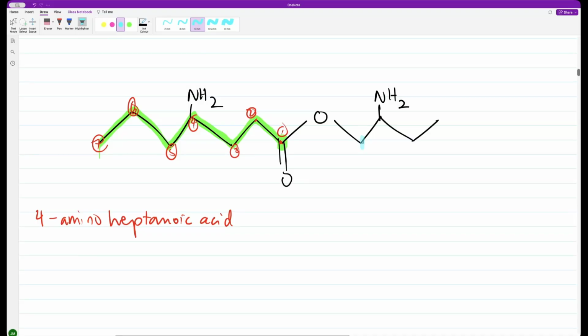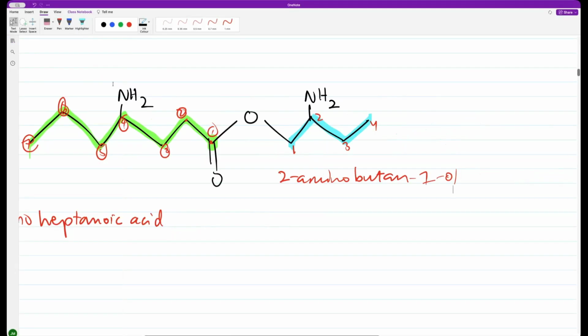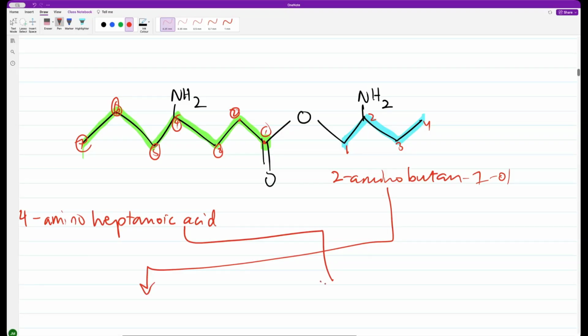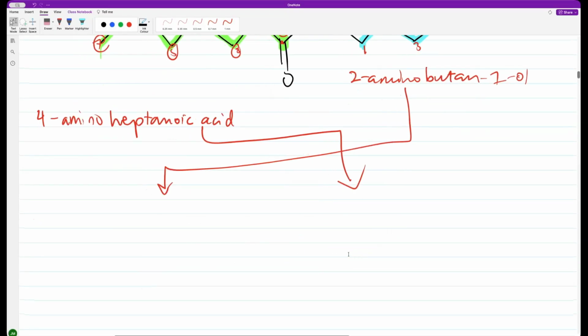Well, there is 1 carbon, 2, 3, 4. And there's an amino group, so that's carbon 1, 2, 3, and 4. Amino group on carbon number 2. So this is a 2-amino butanol, right? So for the name of the ester, remember that the alcohol part of the molecule is going to be listed first, and then will come the carboxylic acid part of the molecule.